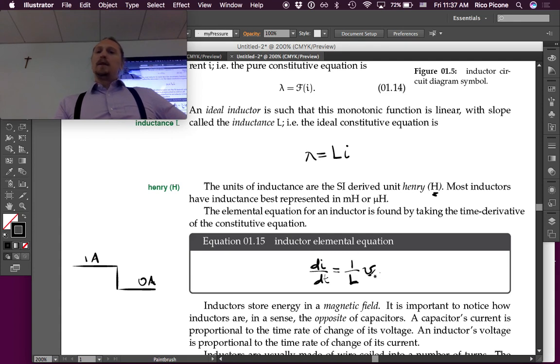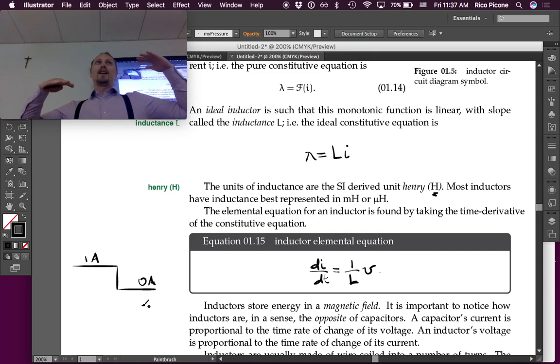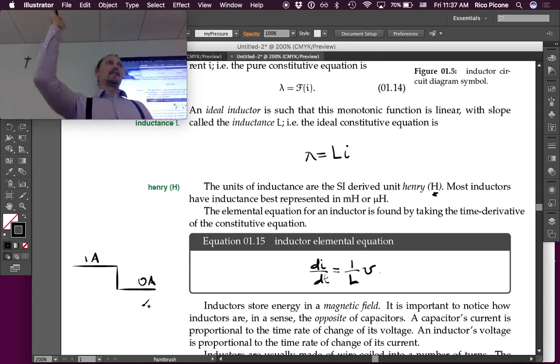So remember, the voltage is going to be proportional to the time derivative of the current. Yeah, it's like infinite. The derivative of this thing, it changes, not instantaneously, but essentially instantaneously, very, very quickly. It goes from some finite current to no current, and so the derivative of that is huge.